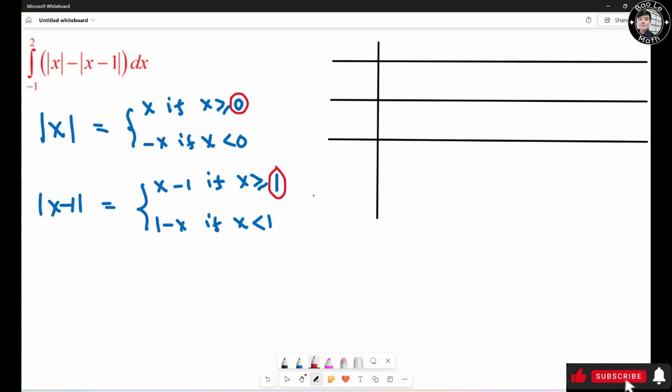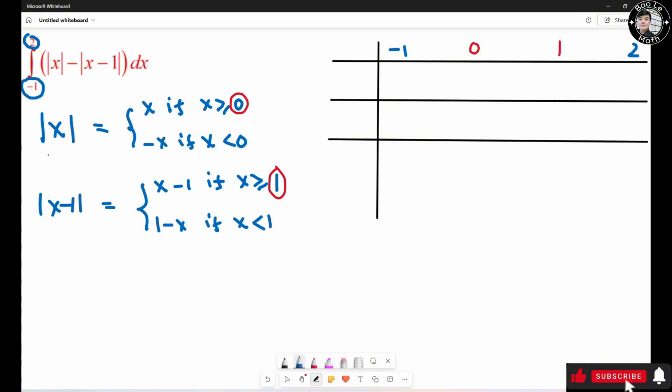So we're going to put this on the table. The starting point is going to be -1, and the end point is going to be 2. The breakpoints are 0 and 1, so I put 0 here and 1 here.